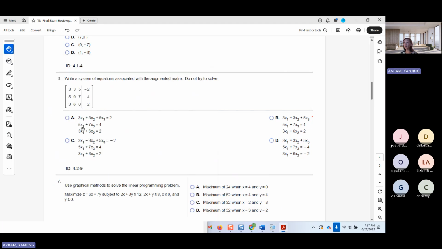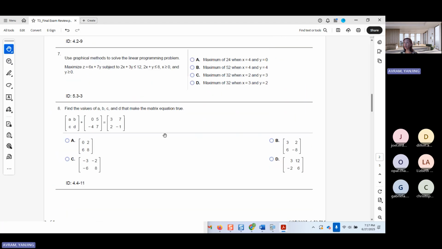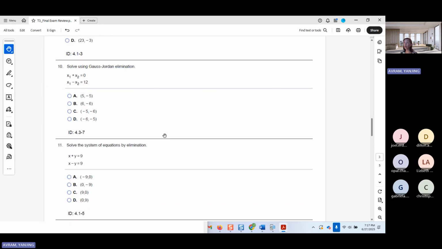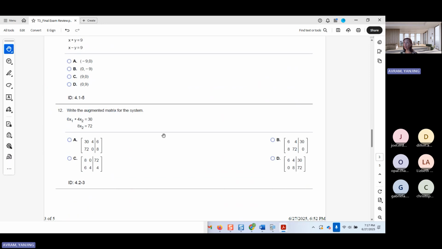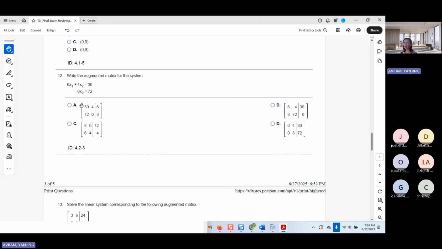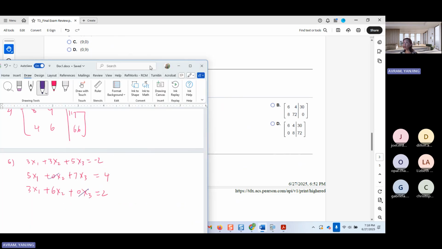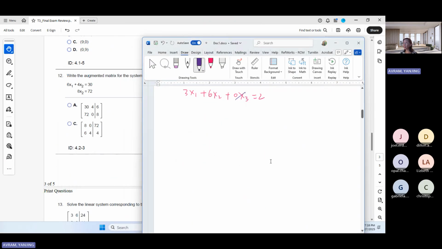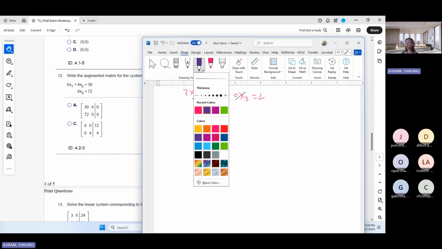Okay, so that is 4.2. How do you write down a matrix, right? Let's look at another 4.2 in here. Write down the augmented matrix for this system. So how do I write down the matrix? As I mentioned earlier, if I have a missing term, I have to supply a 0.